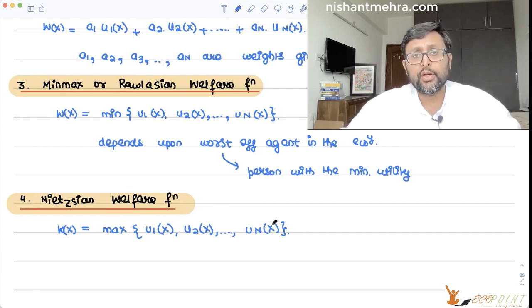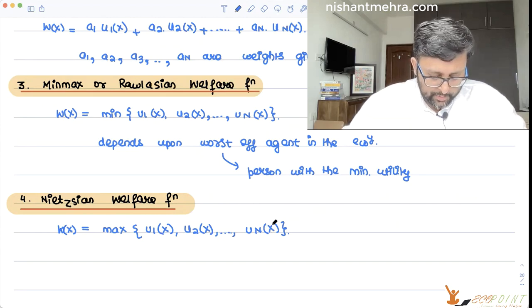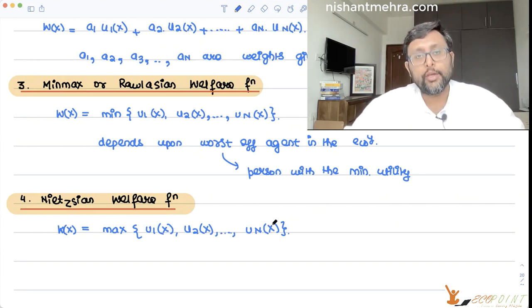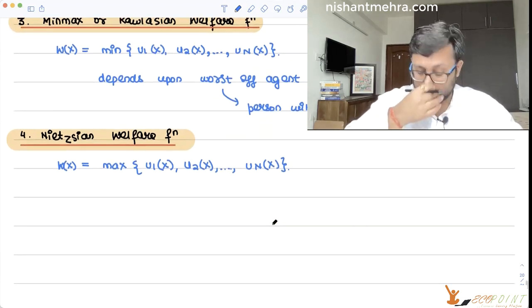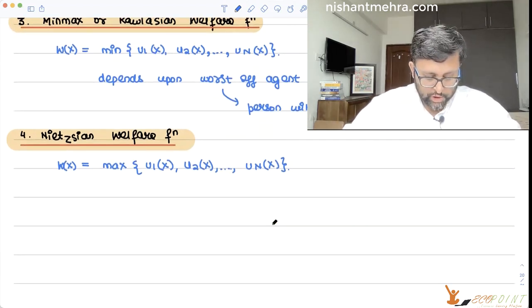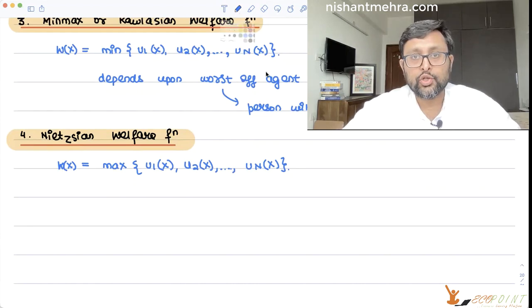So these are different ways of comparing individual utilities. The only thing is that the social welfare function should be increasing in each consumer's utility. So please write this.